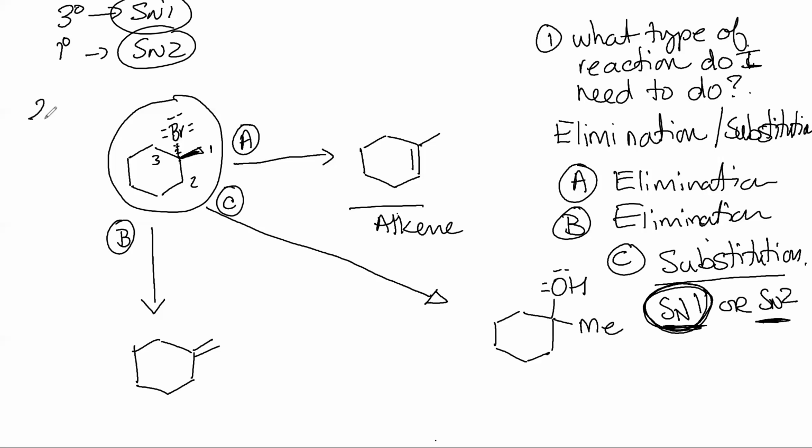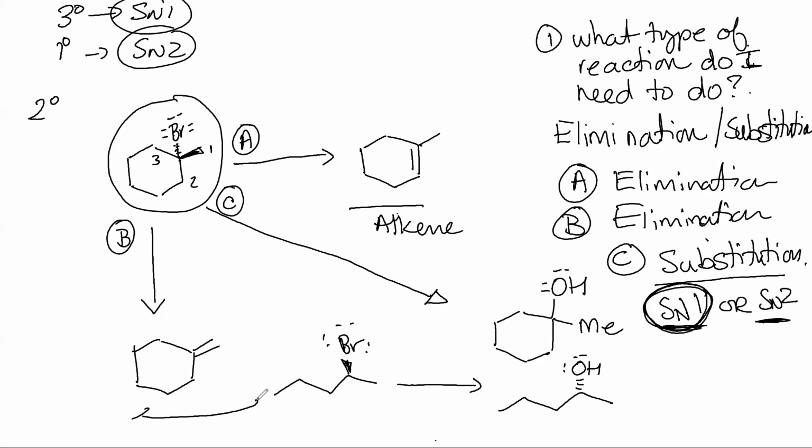Now, if it was a secondary, then let's pretend we have this, and our product was this, or another possibility would be that.